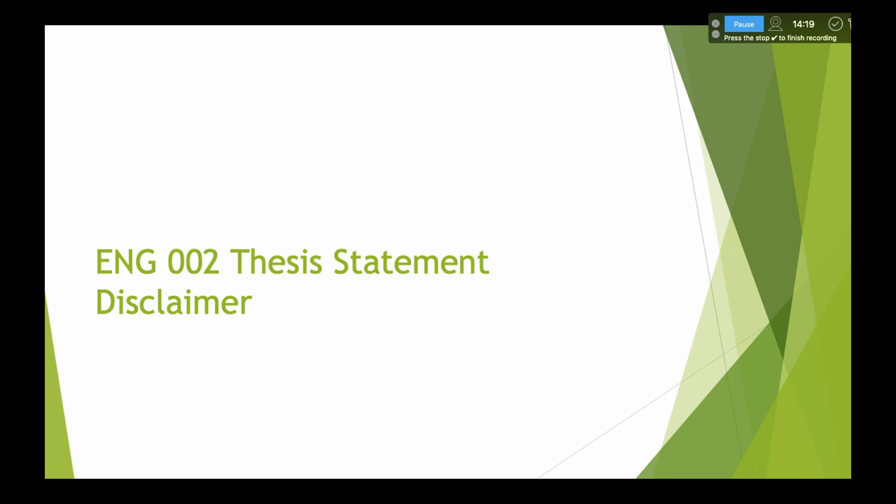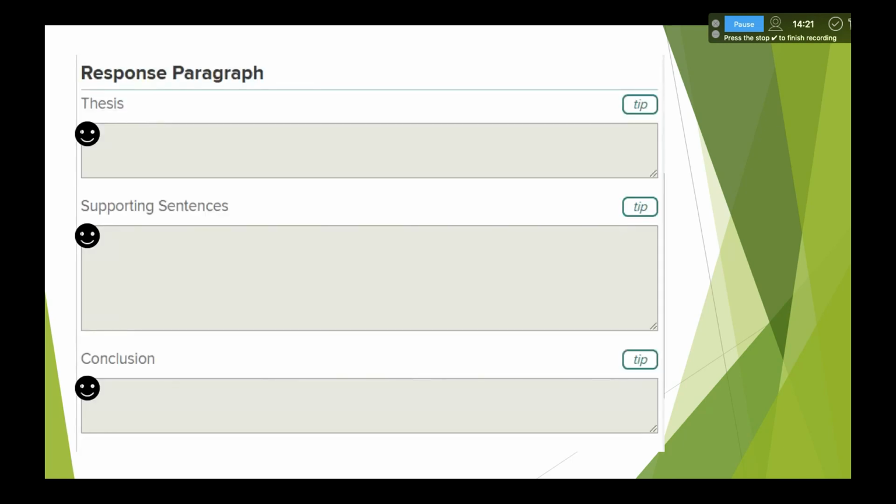Because this thesis statement that they're asking you to write here is really only for one paragraph, so you're not going to need a ton of points of support in here, because again, the thesis statement tells your audience what your entire essay is about, rather than a particular paragraph.